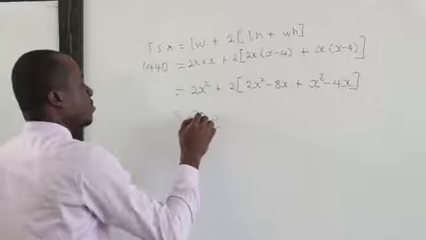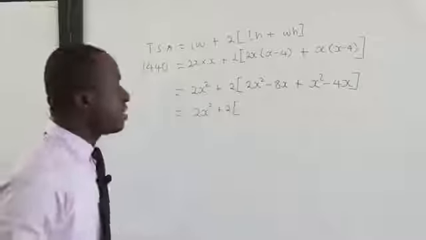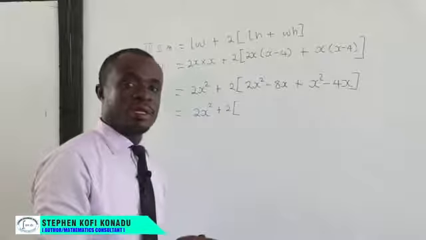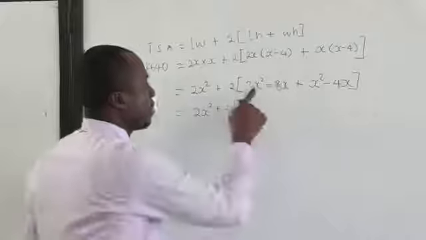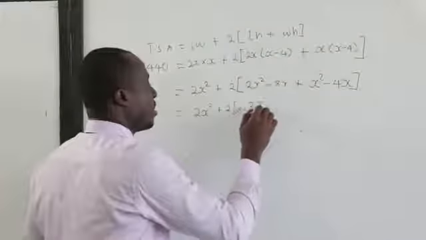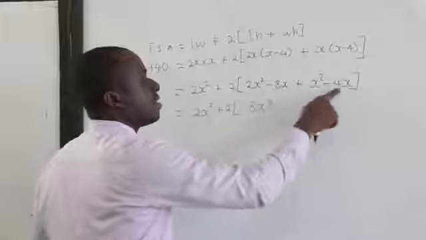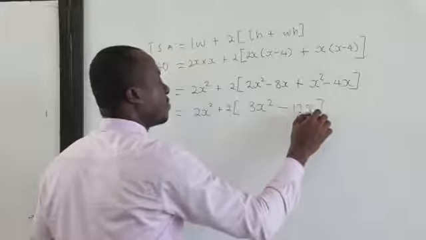And we have 2x squared plus 2. Now let's work the one in the bracket first. BODMAS, bracket first. So 2x squared plus x squared, this will give us 3x squared. Now, negative 8x minus 4x, that is negative 12x.